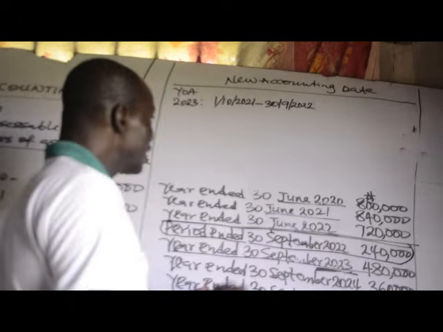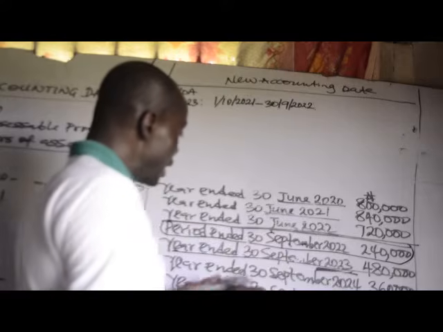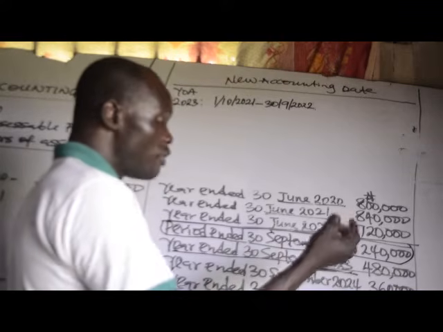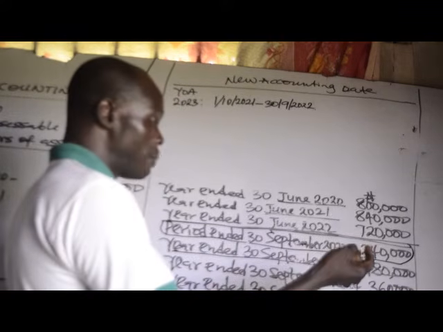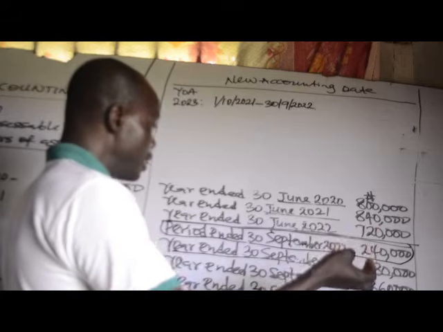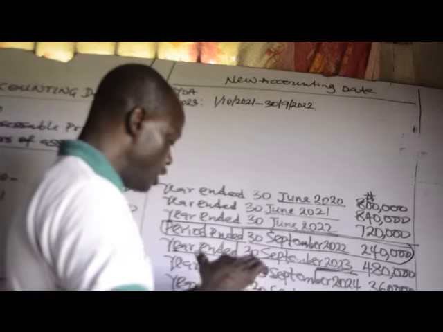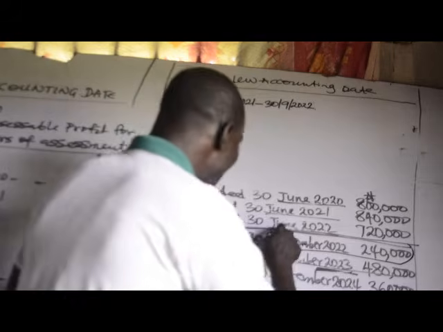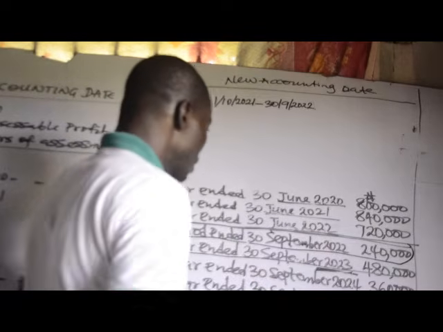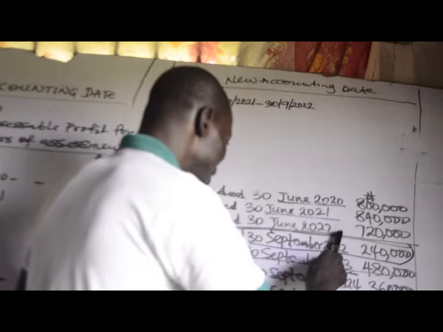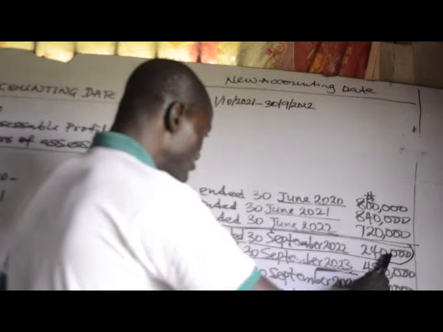We can get October 2021 here, November is 2, December 3, January, February, March, April, May, June. That means you can get 9 months here. Then plus, this is 3 additional months.